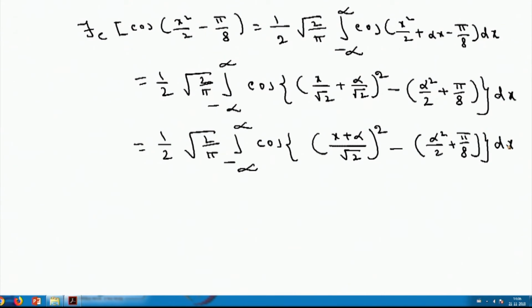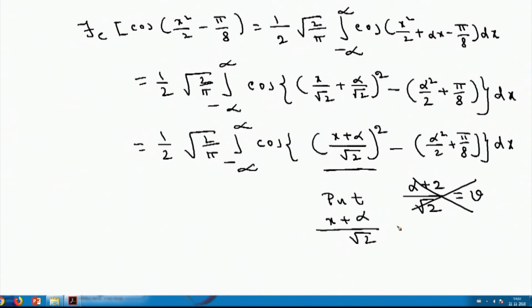Therefore, on this, suppose I am assuming x plus alpha by root 2 equals v. I am substituting, you put now on this integral, x plus alpha by root 2 equals v.